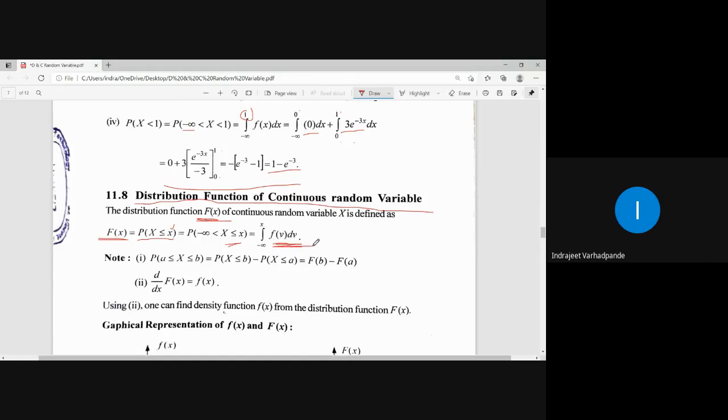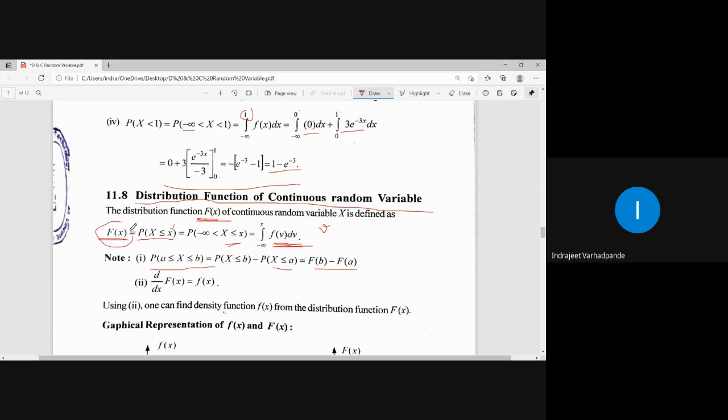Whatever is the integration, the variable of the function should be taken as v, and integration to be done between minus infinity to x. If it is given in this way, x less than or equal to b and x less than or equal to a, so F of b minus F of a.